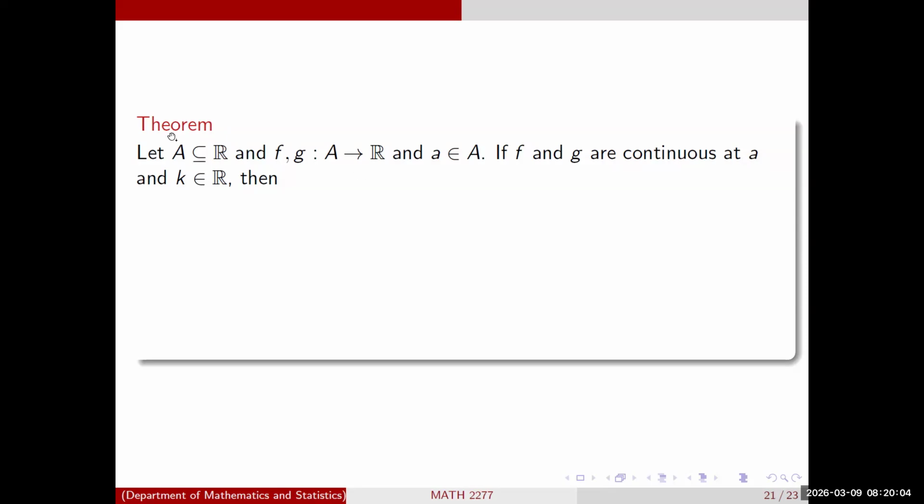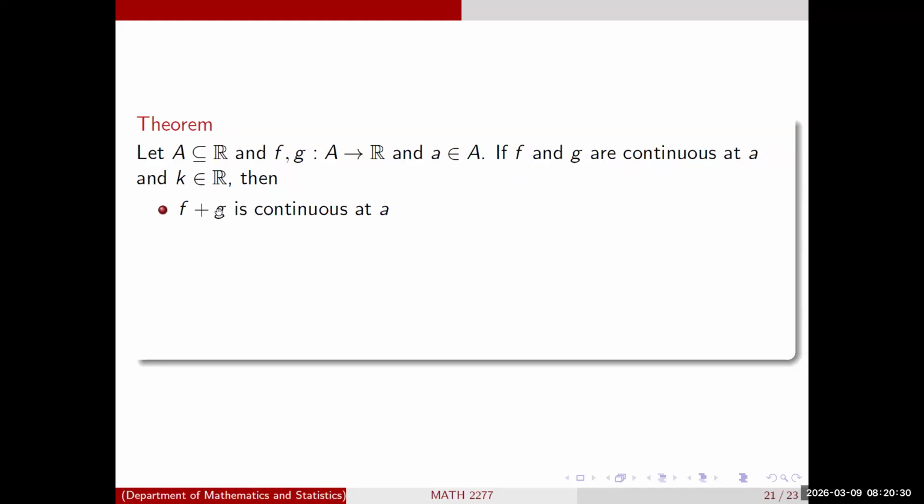Okay, so this one is saying if I know two functions, f and g, are two functions defined on the same domain, and a is a common point to them. If these two functions, f and g, are continuous at this particular point, a, and k is some real number, then their sum is continuous at a.